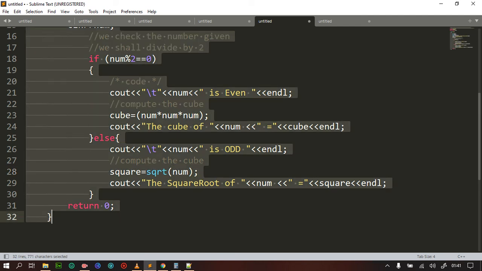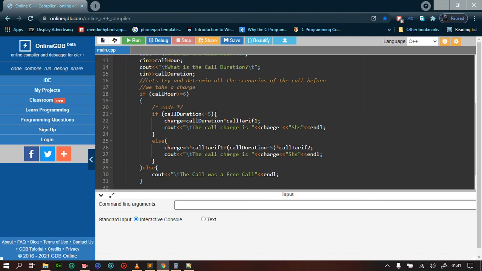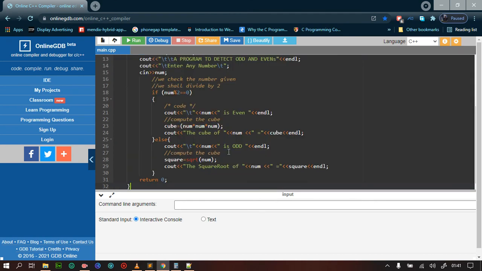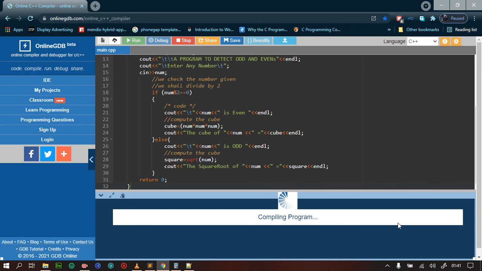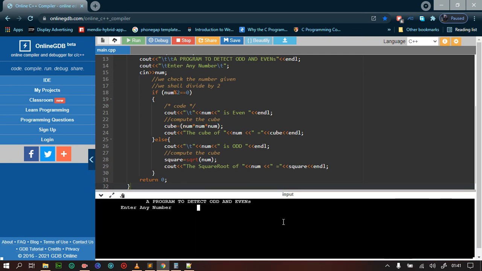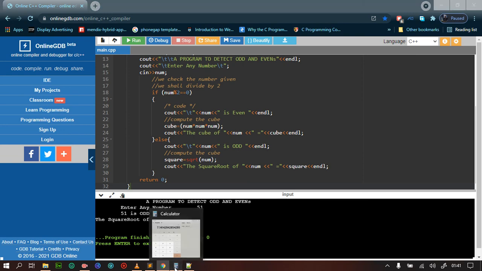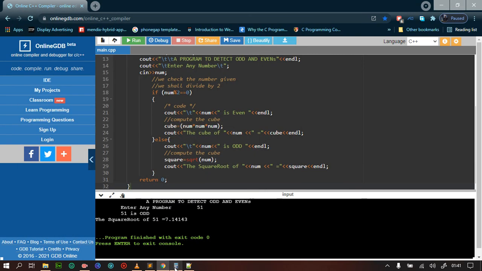Control A, Control C, Control A again. So we are going to run. If our testing value is 51, then definitely that is odd. So square root is 7.1.